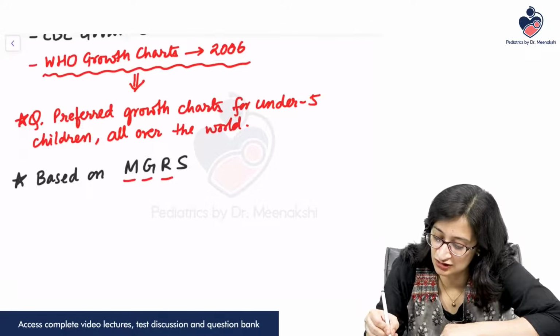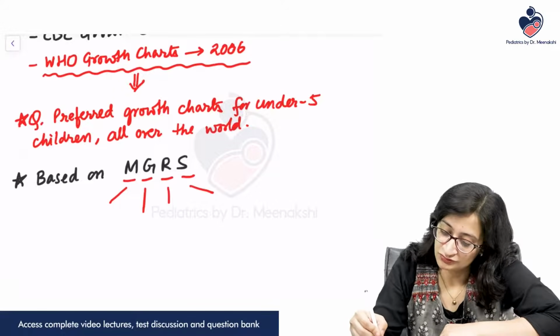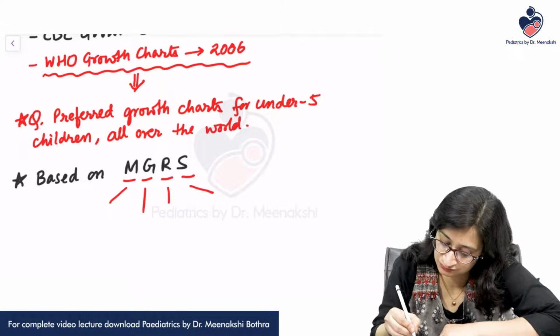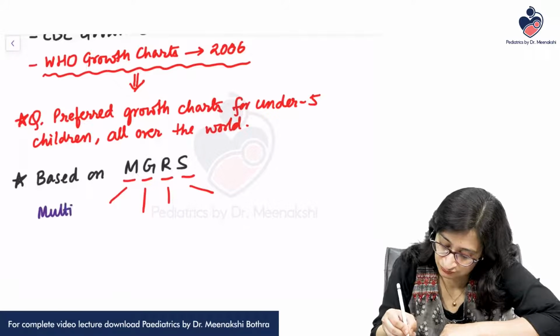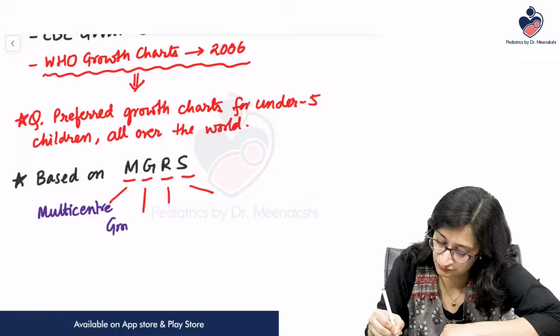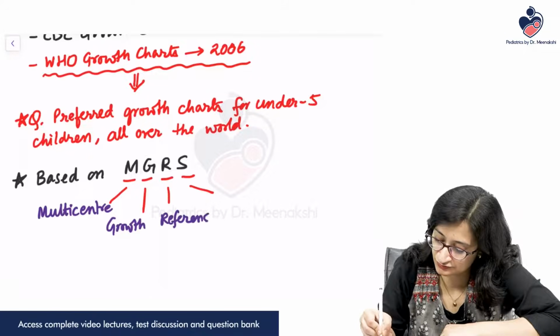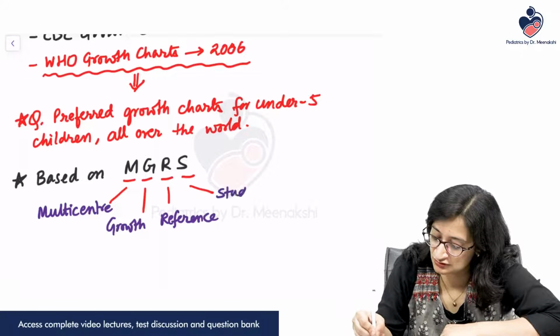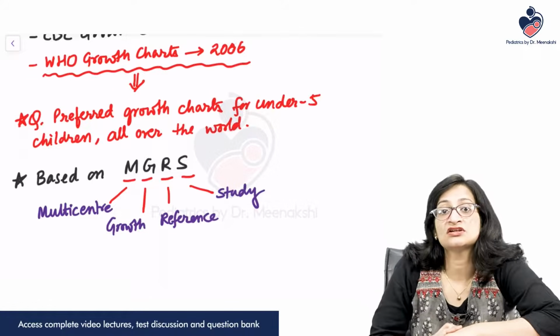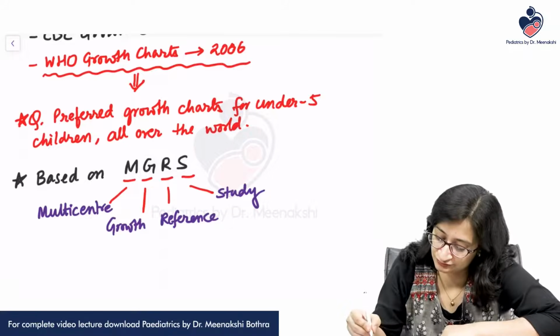MGRS refers to multi-center growth reference study, that was conducted in 6 countries across the world, including India.